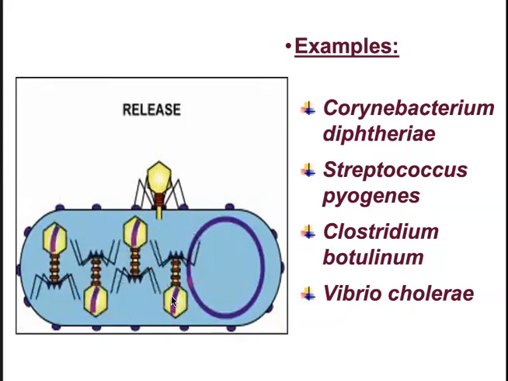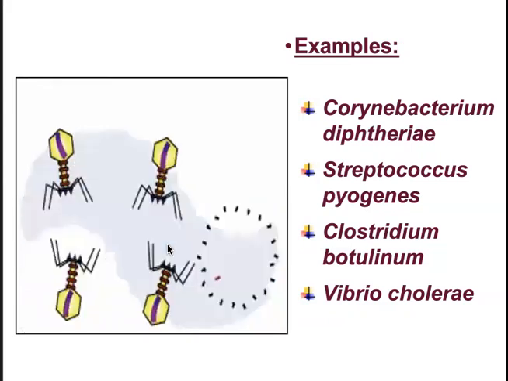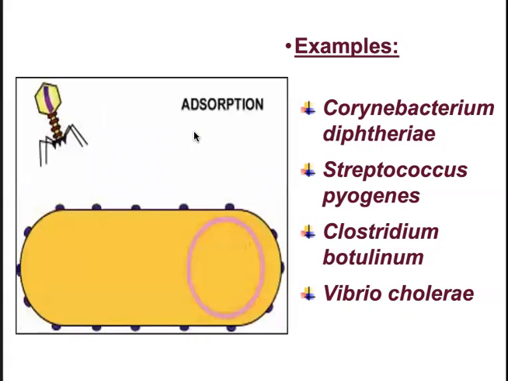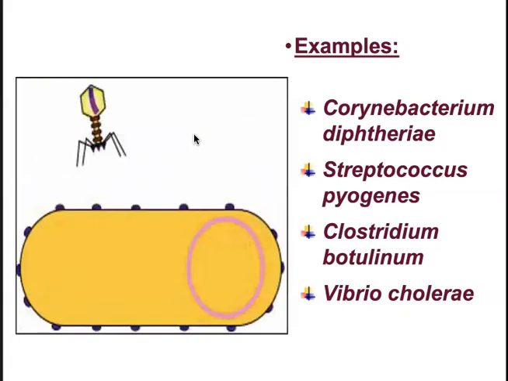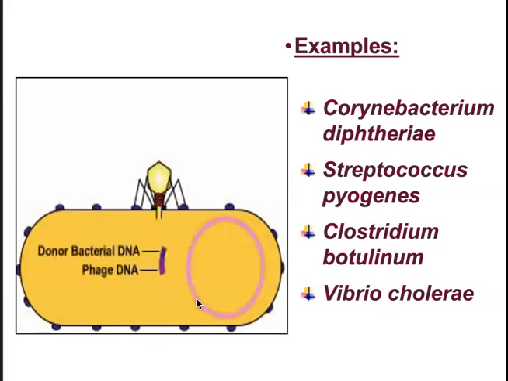So it's a combination. All its offspring, the new virions, carry a combination of the DNA of the bacteria and that of the virus. And so when it infects another bacteria, the bacteria now has access to both phage DNA and bacterial DNA.